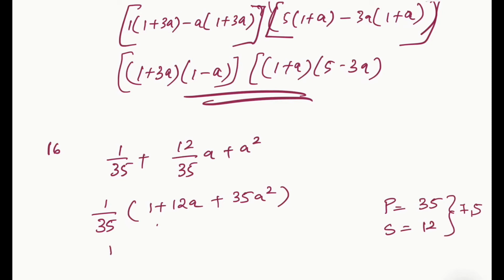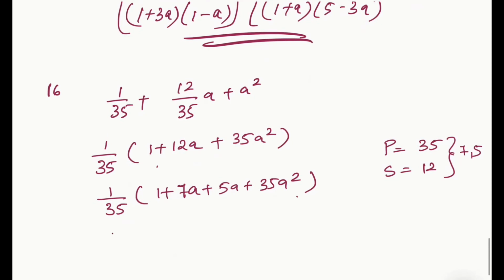So I can write this as 1 by 35 plus 7a plus 7 plus 5 it is, right? So 7a plus 5a plus 35a square, right? So 1 by 35 into 1 is common here, 1 plus 7a plus again 5 is common here, 5a is common here.